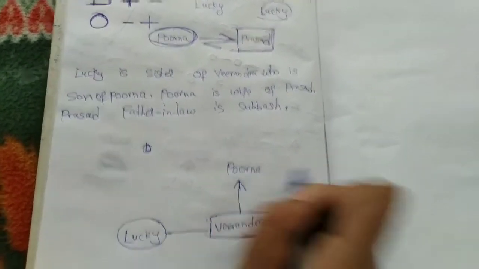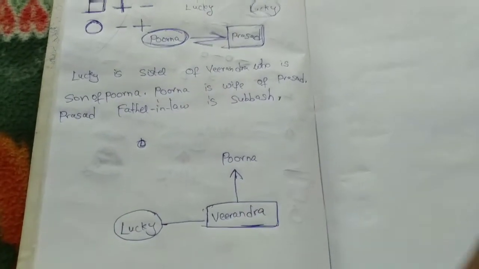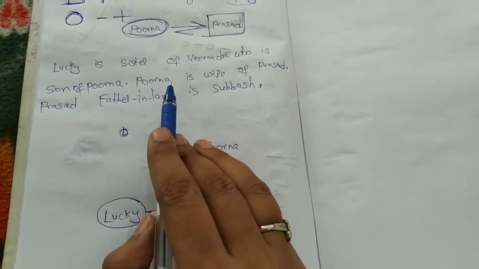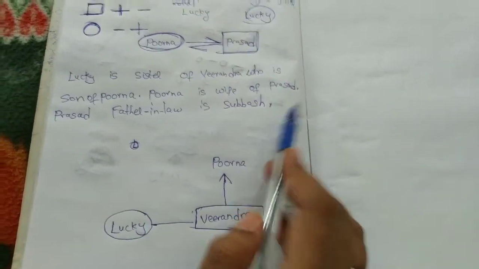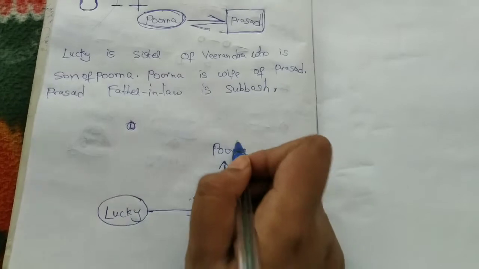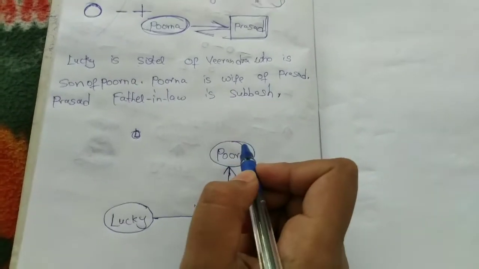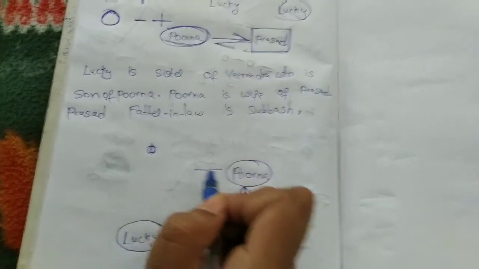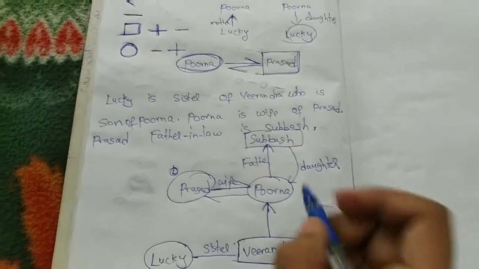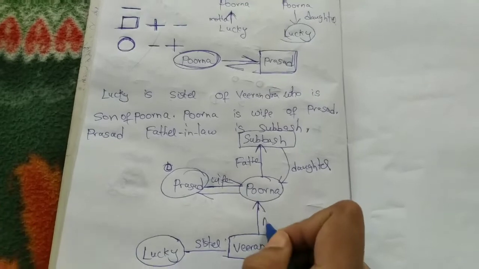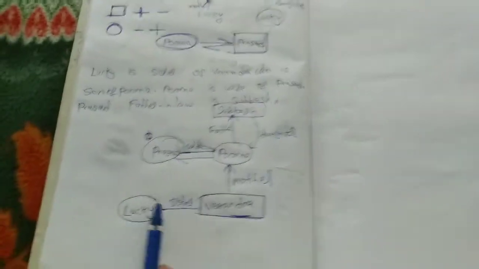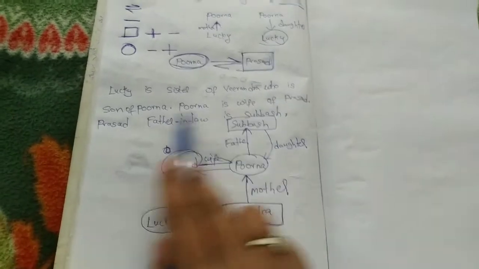And we don't know whether Purna is mother or father. By the name we might guess, but we don't take it like this. What they give is that Purna is wife of Prasad, which means Purna is female. So Prasad. Here, mother.